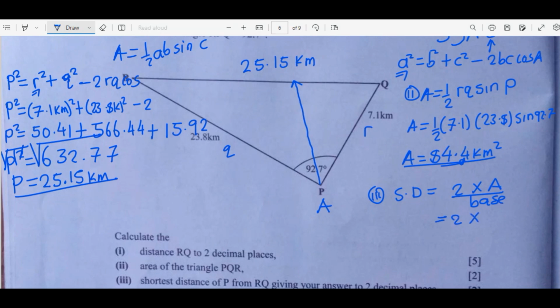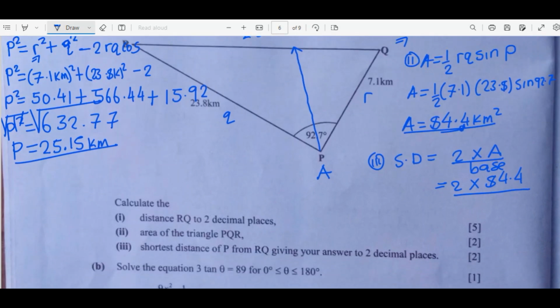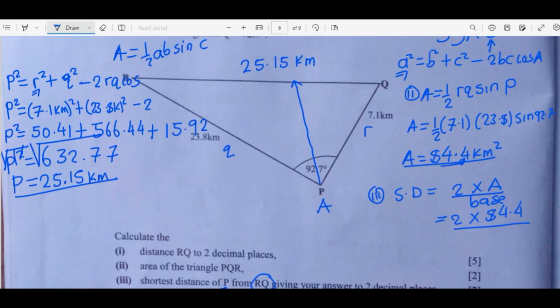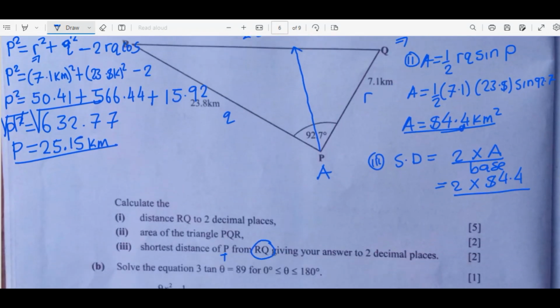So area is 84.4, divided by the base, which is where the line from this letter is touching. So it is touching RQ. The distance for RQ is 25.15. So divided by 25.15.